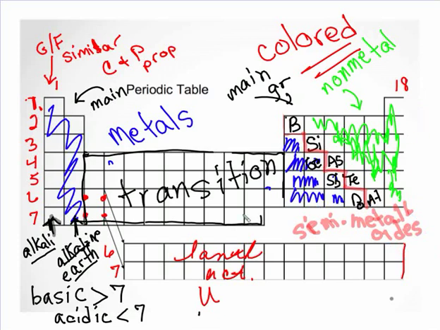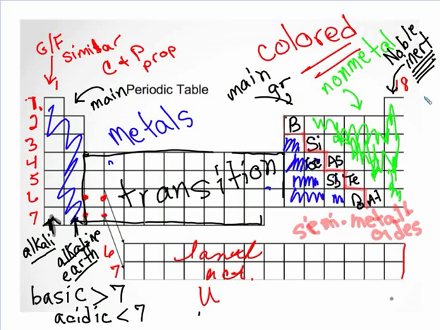Now, we have two more groups that have important names on the periodic table, and that's group 18. Those are called the noble gases. You can think of them like the nobility. They don't mess around with the riffraff. That's because they are inert.